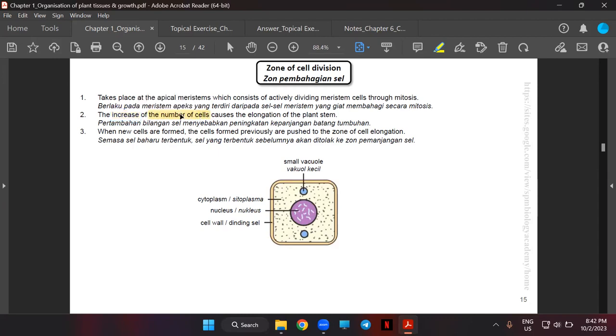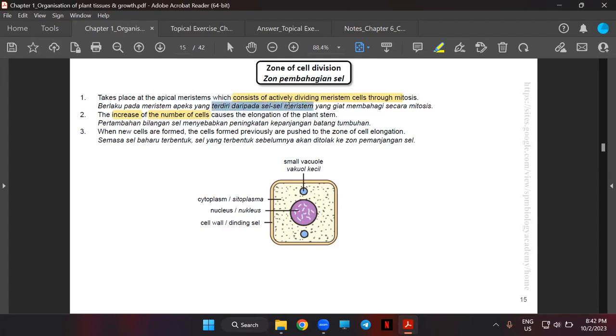Ataupun you can start like this also: consists of actively dividing meristem cells through mitosis that increases the number of cells. Markah pertama. Consists of actively, write the answer, okay? Consists of actively dividing meristem cells through mitosis to increase the number of cells. This is the importance.